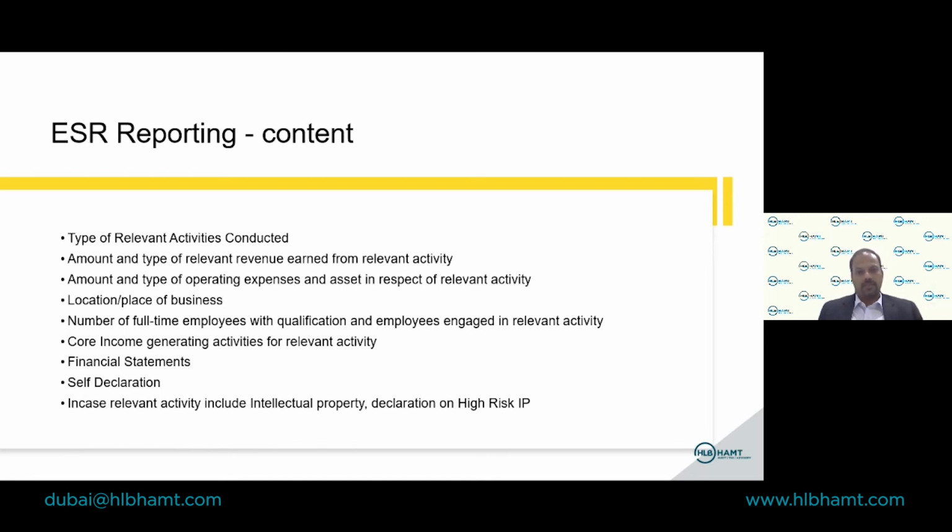If you look at all these, along with the reporting formats you are providing all the breakdown and further breakdown of relevant activity and core income generating activity, full-time employees and their qualifications, financial statements, and the other self-declarations. So these are very important, and we have to advise our clients based on these reporting guidelines.